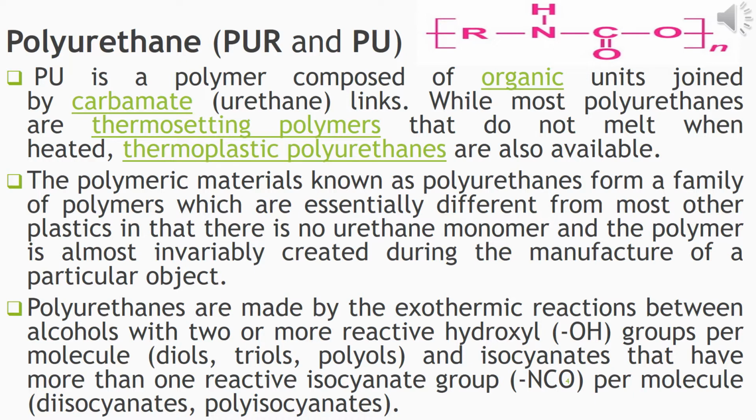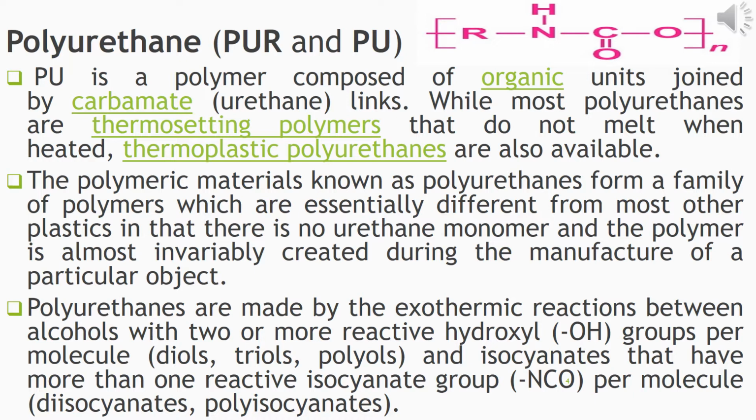So here you can see the formula given above of the urethane linkage. It has a carboxyl group which is extended in n number of same units, showing that there are extended units of the same type, and this carboxyl group, C double bond O, is attached with NH, and then this N is attached with R, and so forth.